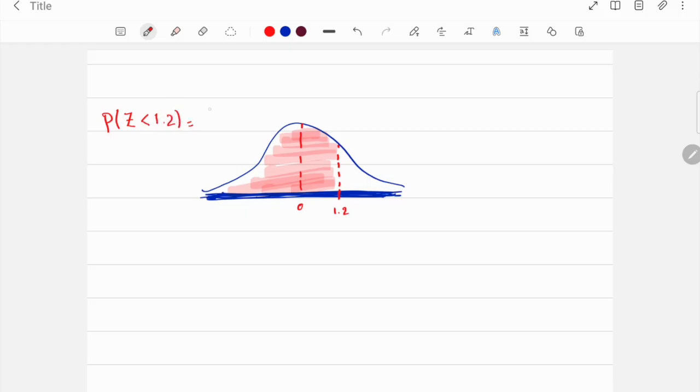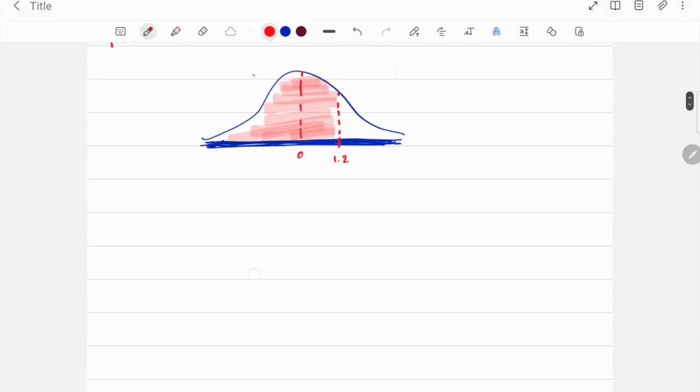What we did was go to Excel: P of z less than 1.2 is equal to NORM.S.DIST of 1.2, comma, TRUE. That's it. Then you get the probability value, which is the area under the curve.